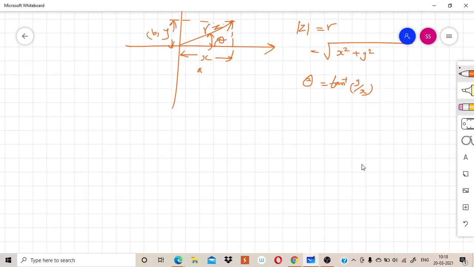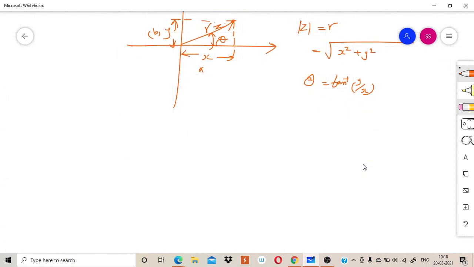Why do we use this polar form and rectangular form? The intention is nothing but to simplify all our calculations.